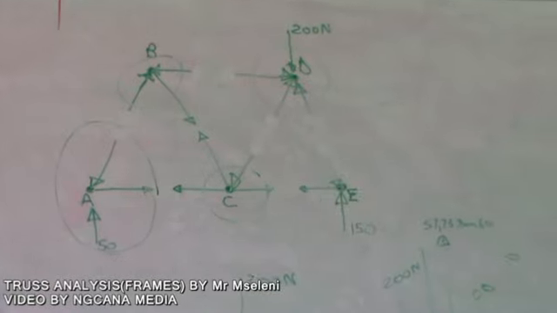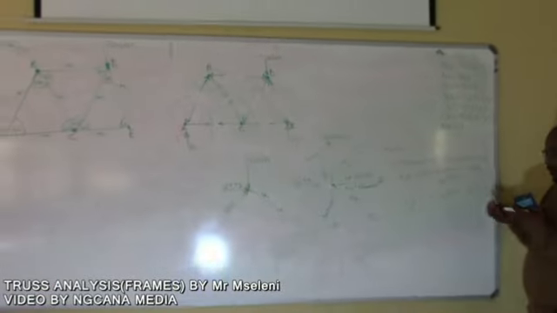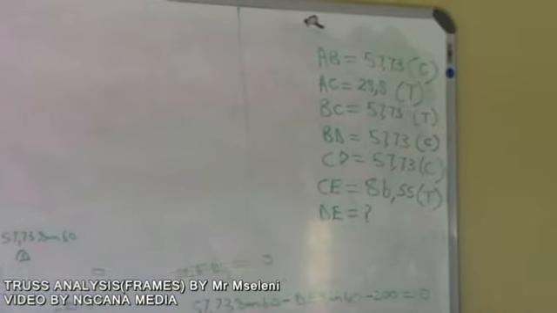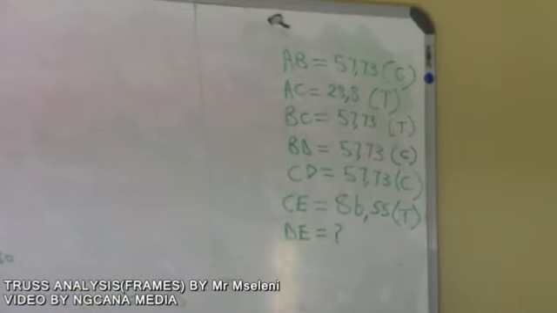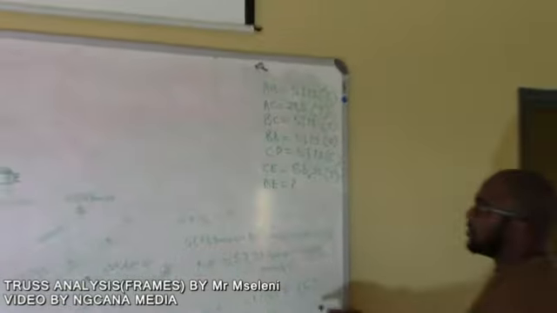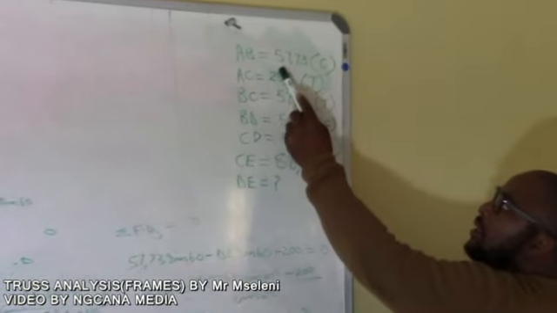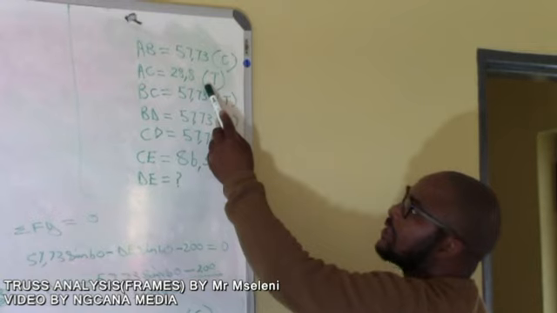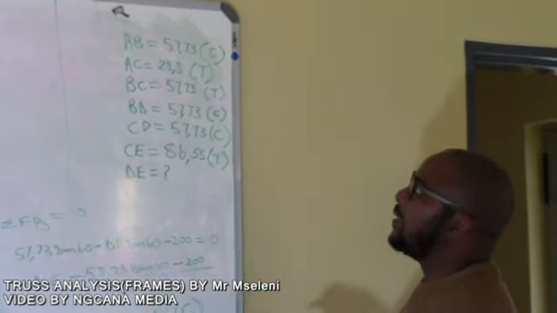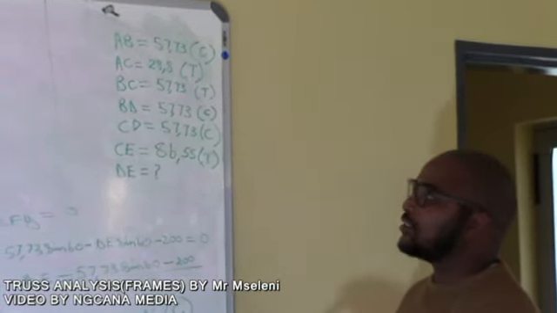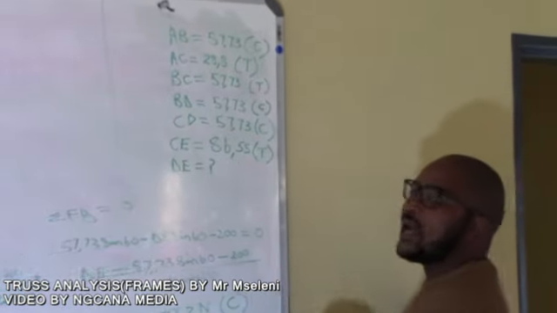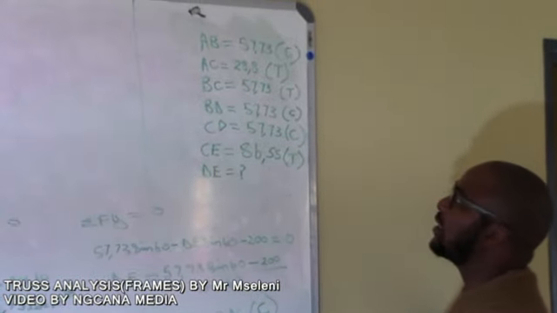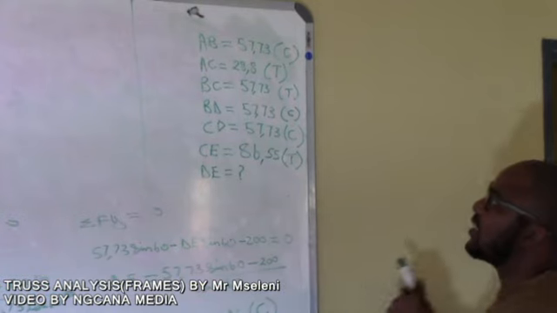And then if you check now, you've got all the members which you wanted, which are your AB, your AC, your BC, your CD, your CE, and also your DE. We found our AB as 57.3 under compression. We found our AC, which is 28.8 newtons under tension. We found BC as 57.73 under tension.